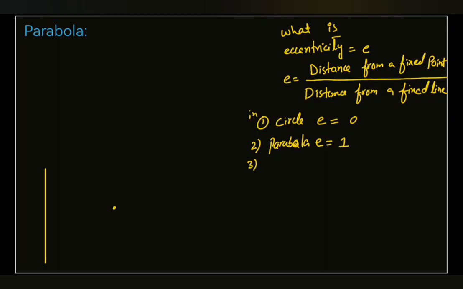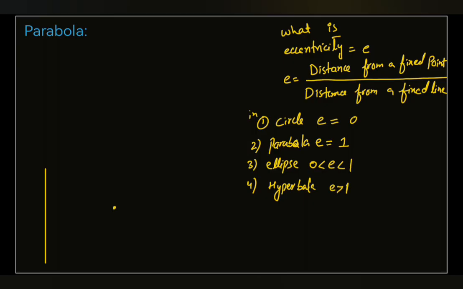In case of ellipse, the value of eccentricity is between 0 and 1, and in case of hyperbola, the value of eccentricity is greater than 1.